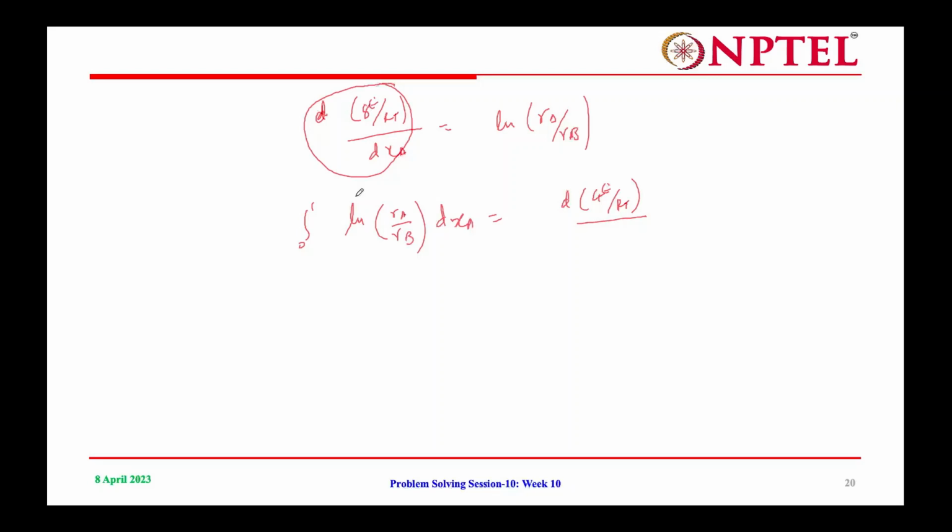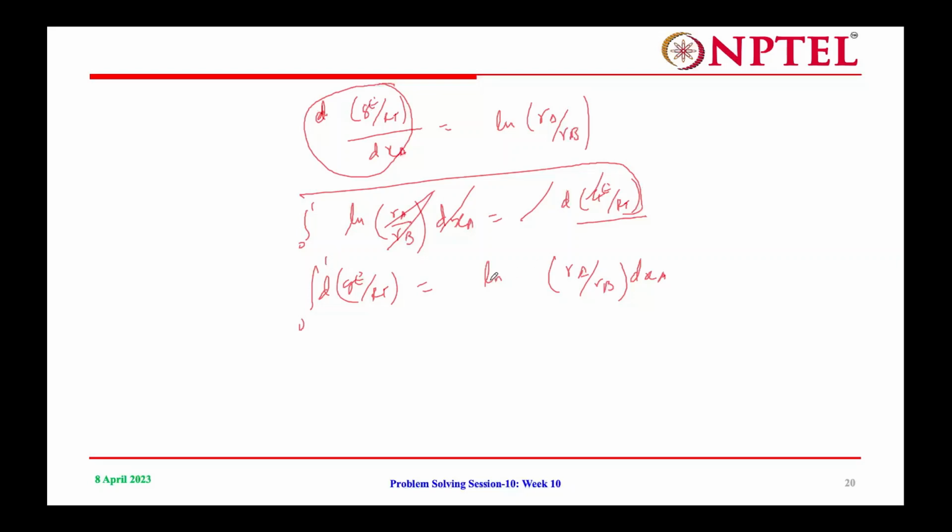Sorry, we don't have to multiply dx. So d(G^E by RT) equals ln(gamma A by gamma B) dx. Now integrate from 0 to 1.